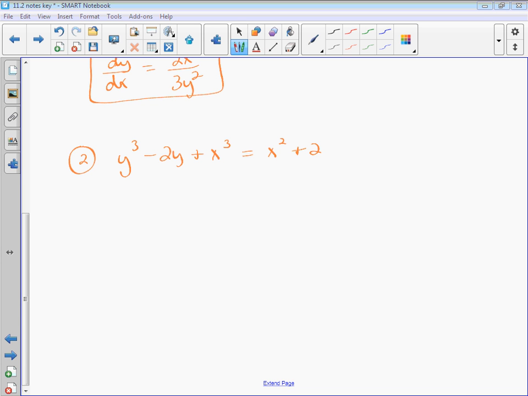Wherever there's a y, there's dy dx. While you're taking the derivative, y cubed is going to become 3y squared dy dx. So what would the derivative of 2y be? 2 dy dx.